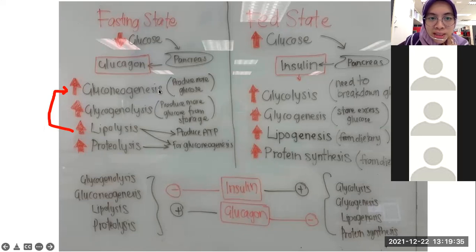Those molecules will be used for gluconeogenesis to produce more glucose. We also have proteolysis. Same as lipolysis just now, it's the breaking down of proteins, and proteolysis is also used for gluconeogenesis to produce more glucose.